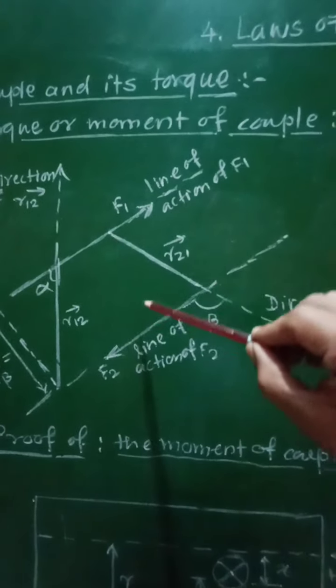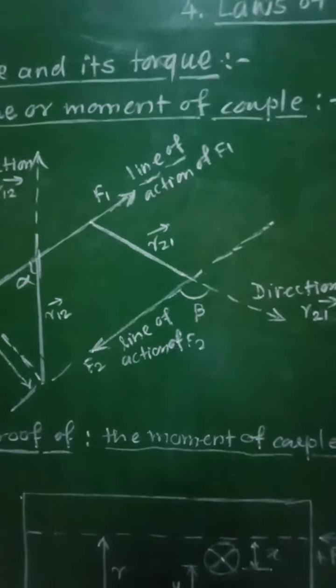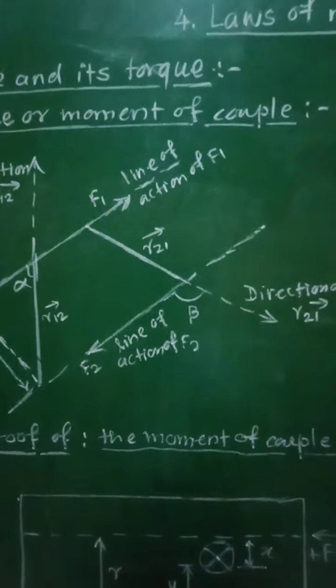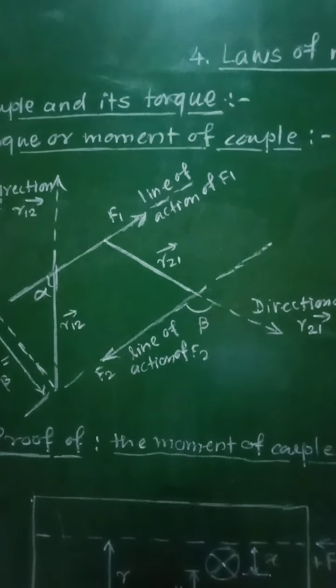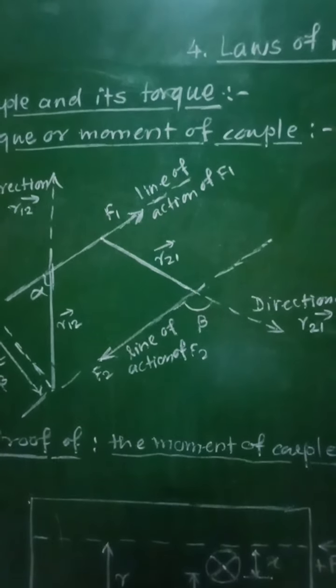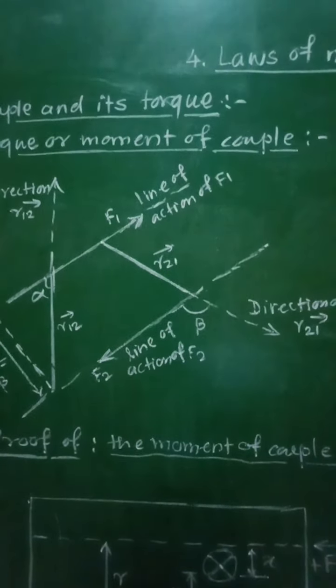These two forces are directed oppositely and act along different lines of action separated by a distance R. The line of action for F1 is as shown, for F2 it is as shown, and the perpendicular distance between these two lines of action will be equal to R.